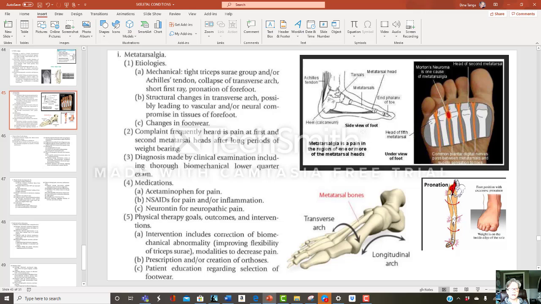Okay, so here we have some pictures of the metatarsal pain in the region of one or more of the metatarsal heads. Morton's neuroma is one cause of metatarsalgia.